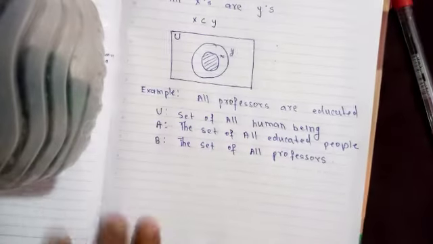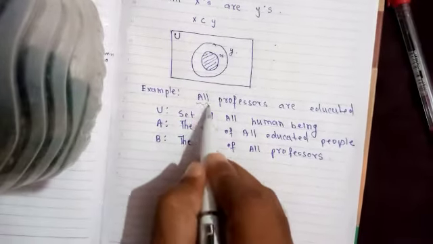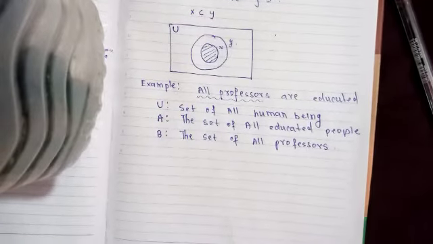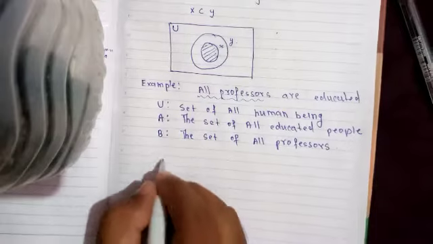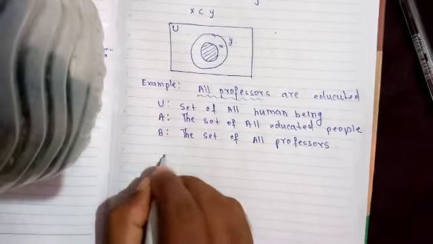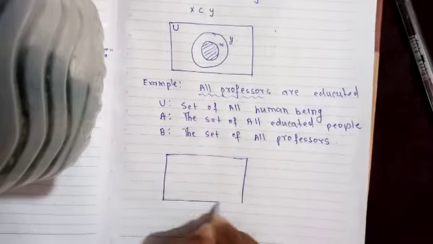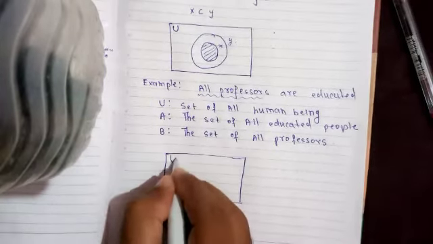Then you will define B, the set of professors. Okay, and in this question we are already given that all professors are educated. That means if the person is a professor, then they must be educated. So we will represent first U by Venn diagram. It is the set of all human beings.